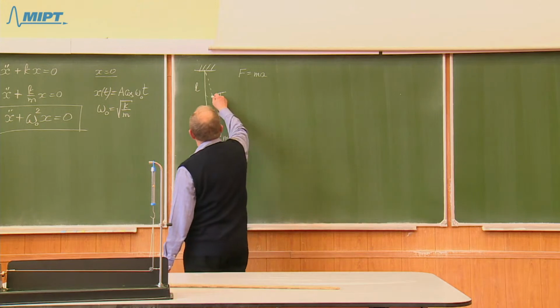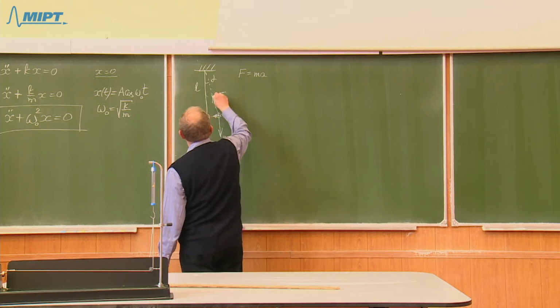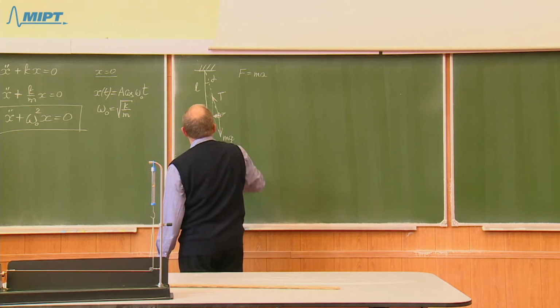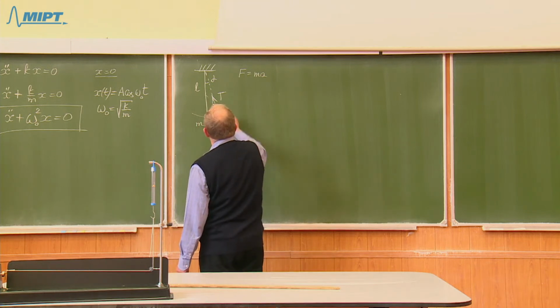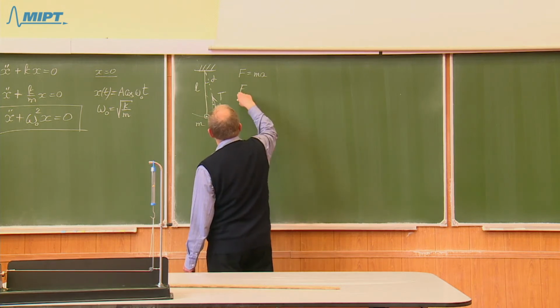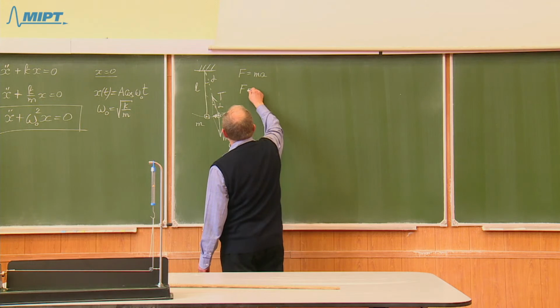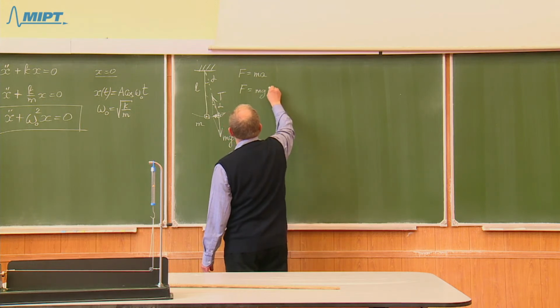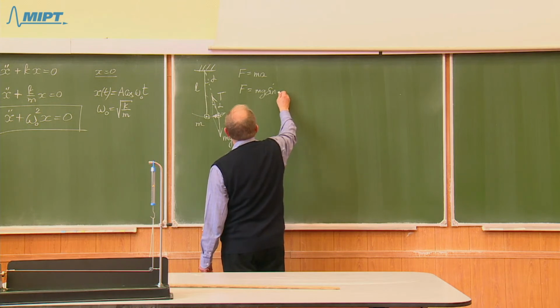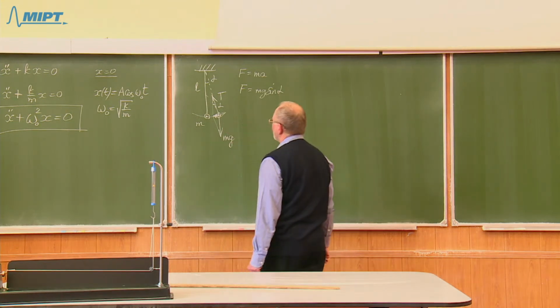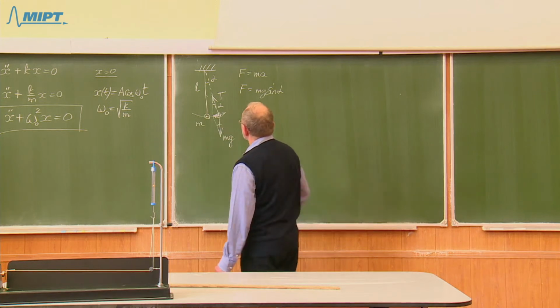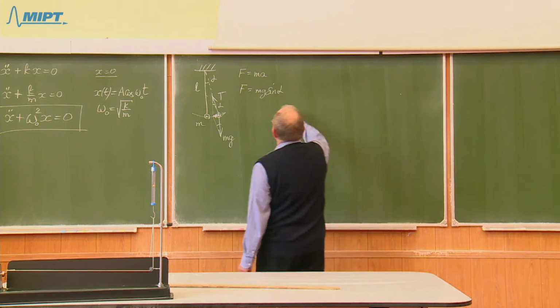And how to calculate this force? If this angle is alpha, then we have such a parallelogram with angle alpha here, and then this force F, the net force acting on the ball, will be mg sine alpha, because this is also angle alpha.